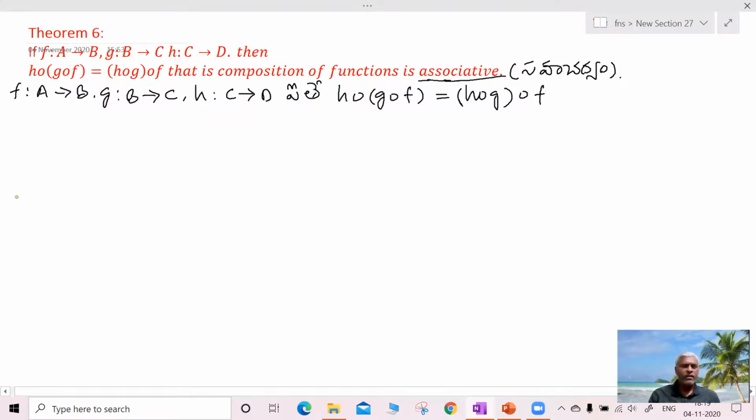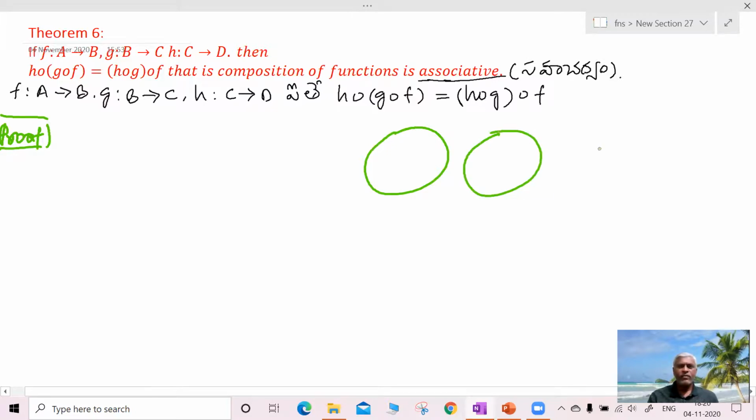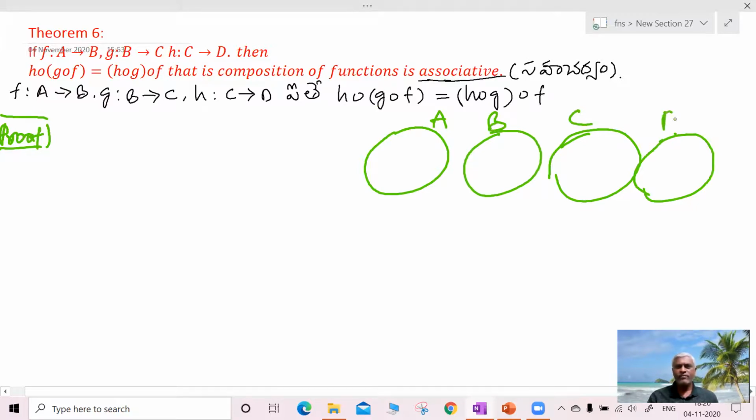There are three functions: F from A to B, G from B to C, H from C to D. Three functions in between A, B, C and D. This is F, this is G, and this is H.